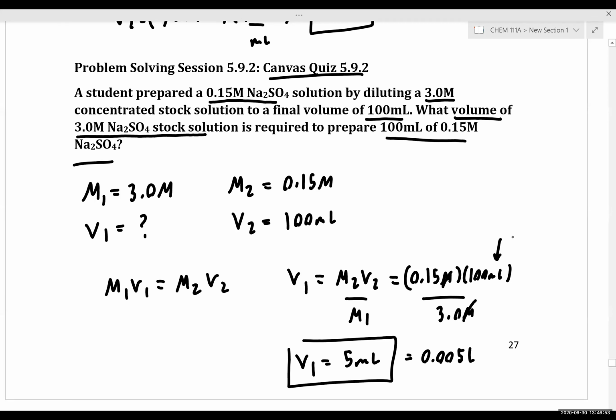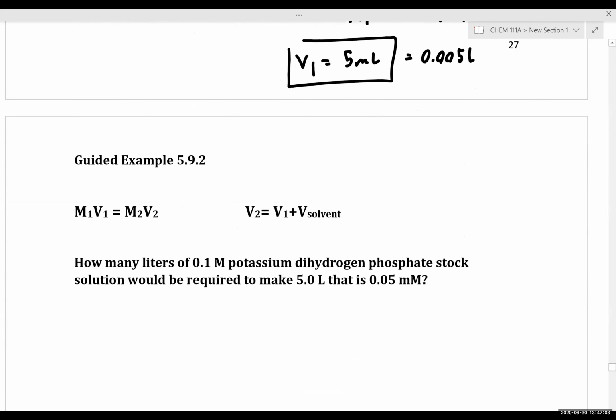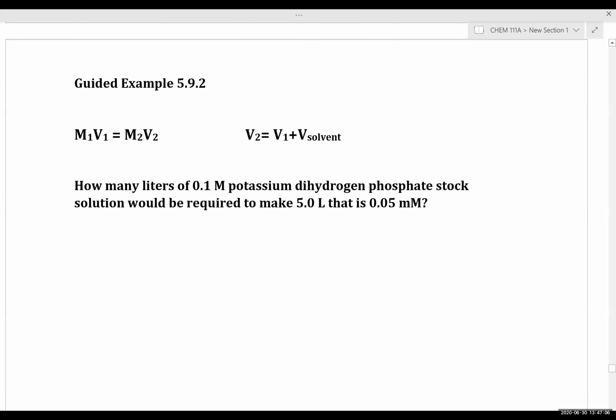Let's now look at a little bit more interesting questions. But before we do that, let's do one last dilution practice problem. We're asked how many liters of 0.1 molar potassium dihydrogen phosphate stock solution would be required to make 5 liters of 0.05 molar solution.